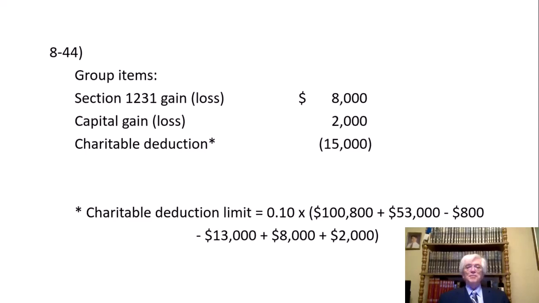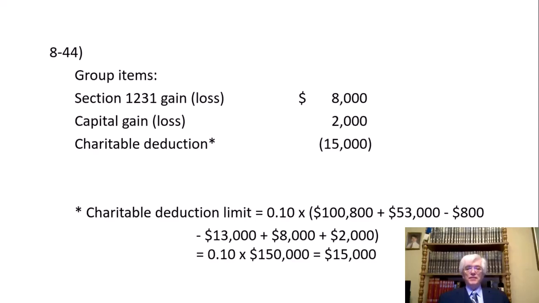So 100,800 plus 53,000 is $153,800, minus 800, $153,000 even, minus 13,000 is 140, plus 10 is 150. So 10% of 150,000 is exactly 15,000. So the total amount of charitable contribution was 15,000, and the charitable deduction limit is also, by coincidence, $15,000.